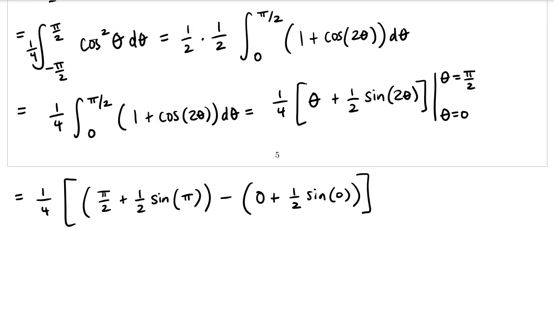Let's see. So sine of pi is 0, sine of 0 is 0. So it looks like we're going to have 1/4 times just pi over 2. And so our final answer here is pi over 8.